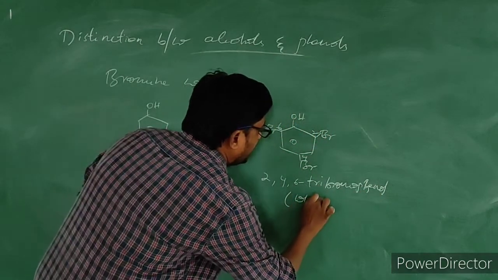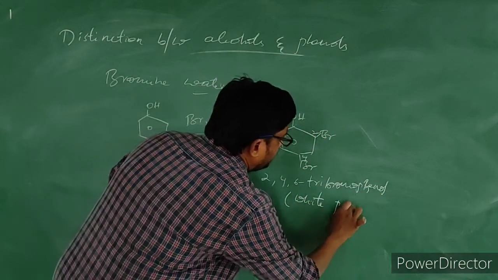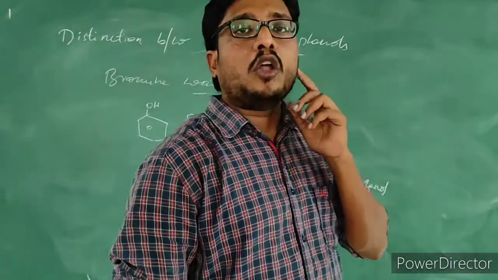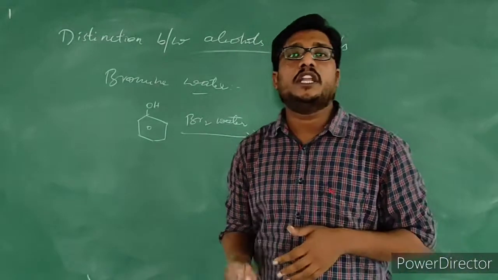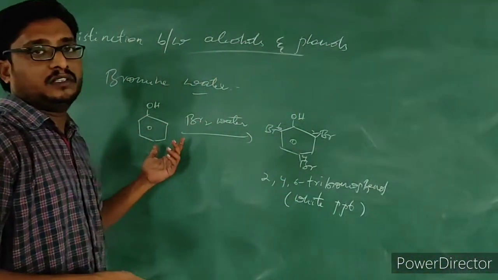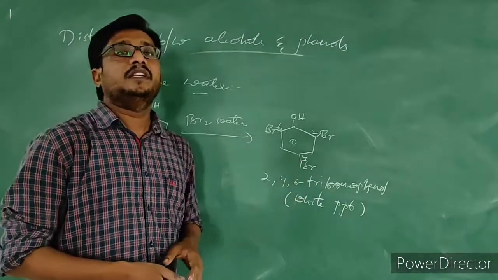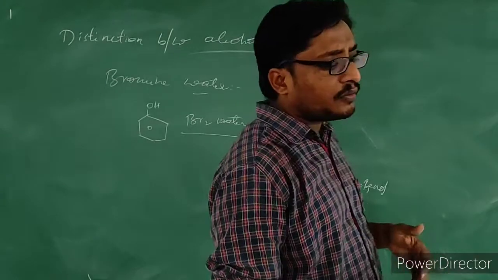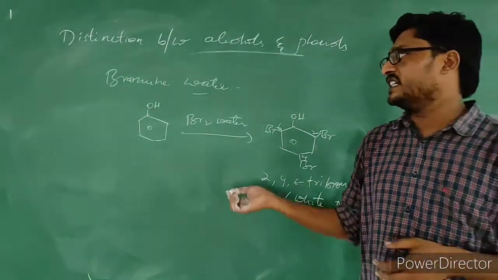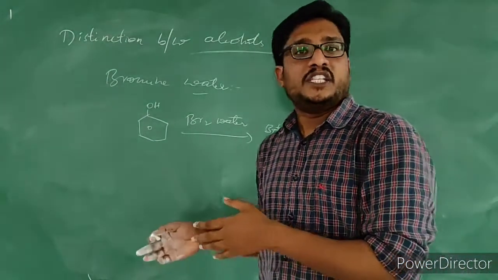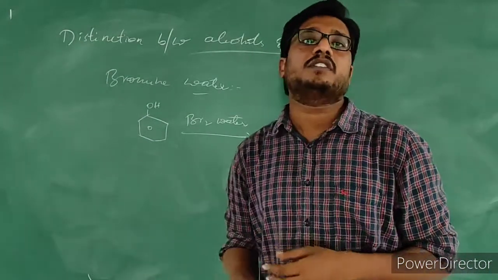It forms as a white precipitate. Bromine water is orange in color, so that orange color gets discharged when we treat it with phenol, and a white precipitate is produced. Whereas alcohols will not form this white precipitate on reaction with bromine water.